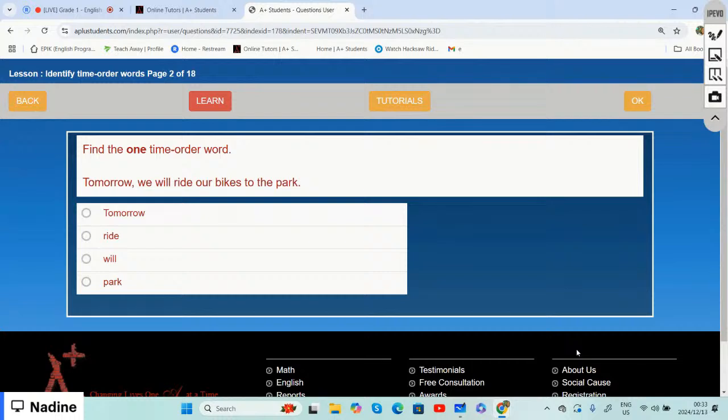The next one says, tomorrow we will ride our bikes to the park.